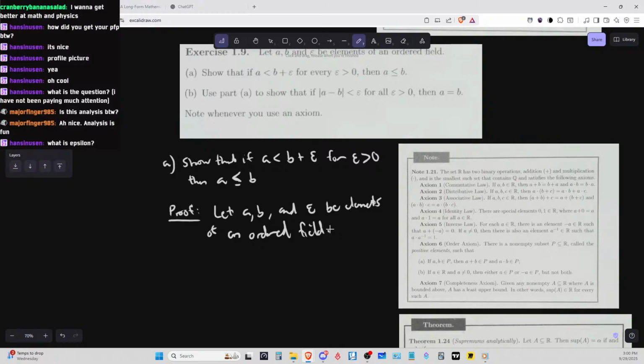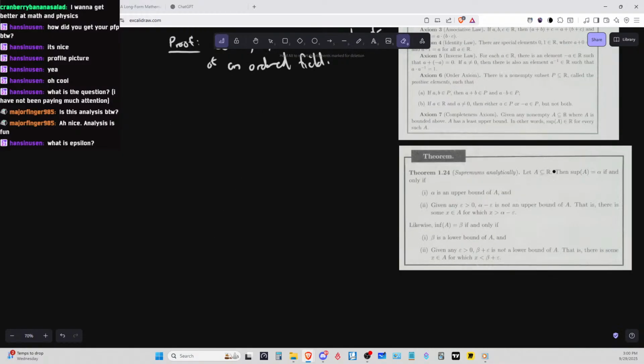What is epsilon? Epsilon is this little thing here. If you're asking why we're using it, it's just that it involves this theorem here, supremum analytically. It basically says let A be a subset of R, then the supremum of A is equal to alpha.